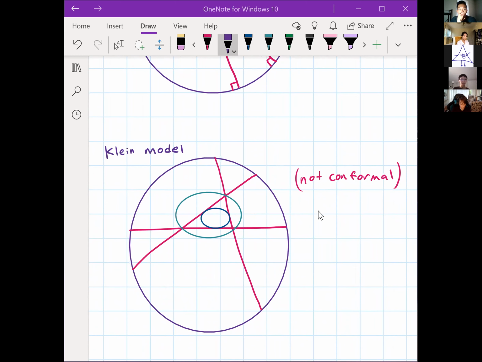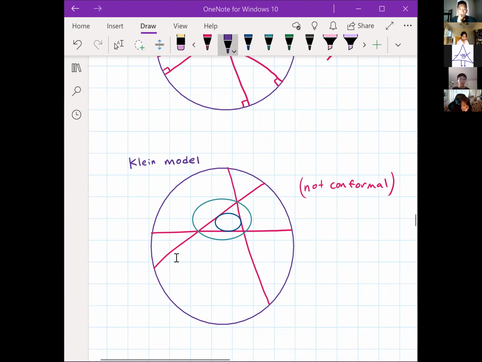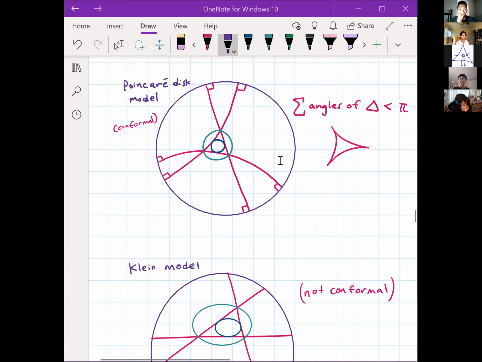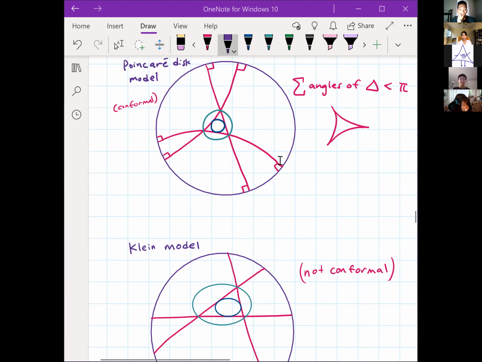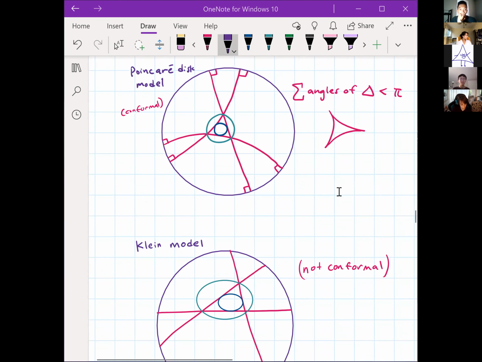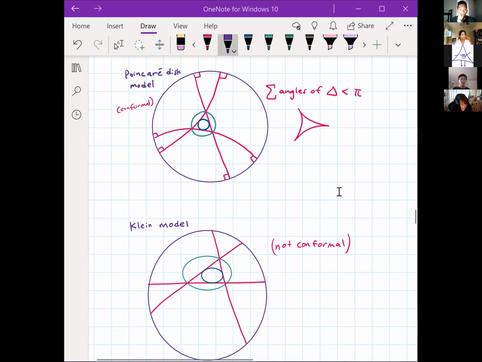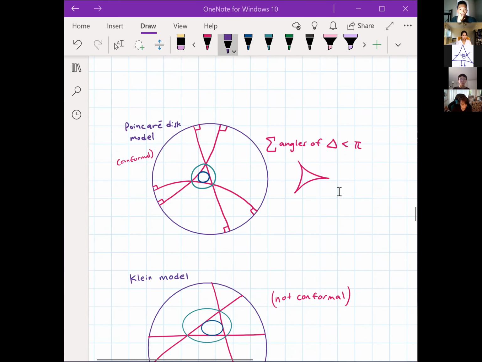And also our circles get sort of distorted as well, so they'll look more like ellipses, and they'll get more distorted as you get towards the corners of the disk. But yeah, I guess the benefit of this model is that you can just draw straight lines, and so it's maybe a little bit easier to draw than these. So the different models are useful in different cases. So yeah, that's just a brief introduction to some non-Euclidean geometry.